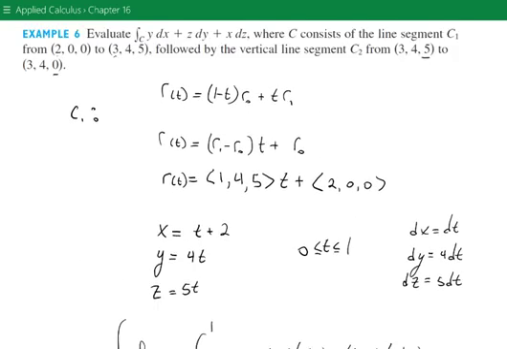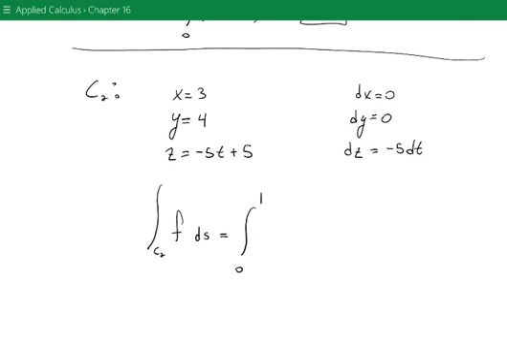So we're going to have x dz, so we'll have 3, and then dz is negative 5 dt. And integrating that, we're going to get negative 15.